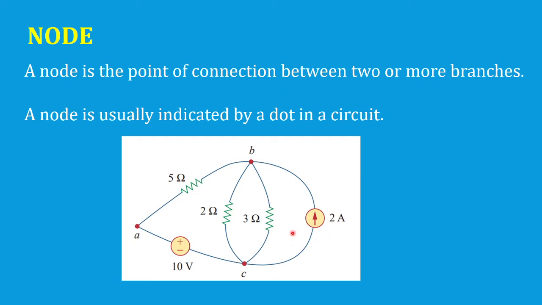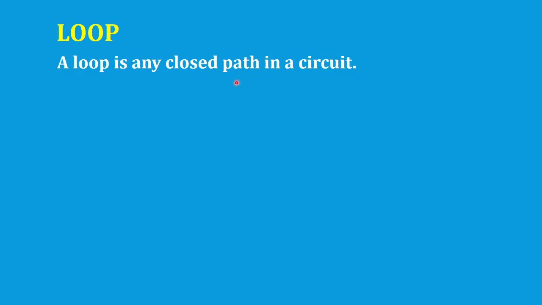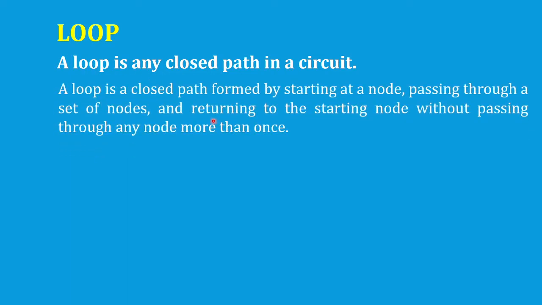Now, the other important thing we need to understand is something called a loop. So what do you mean by a loop? A loop is any closed path in a given circuit. A loop is a closed path formed by starting at a node, passing through a set of nodes, and returning to the starting node.